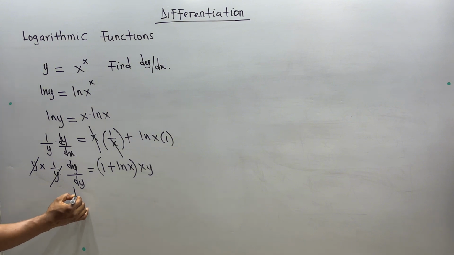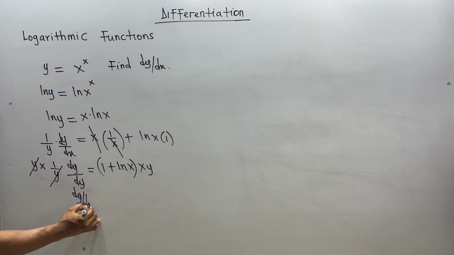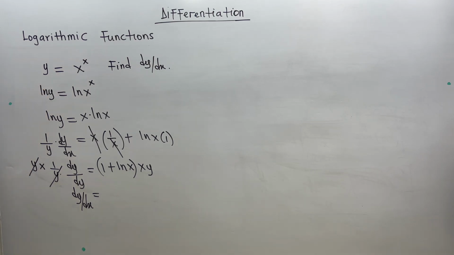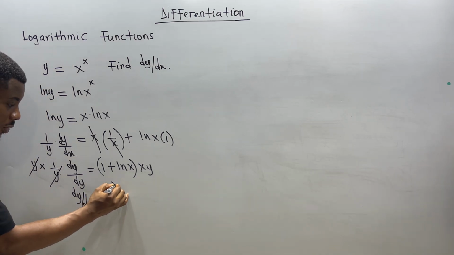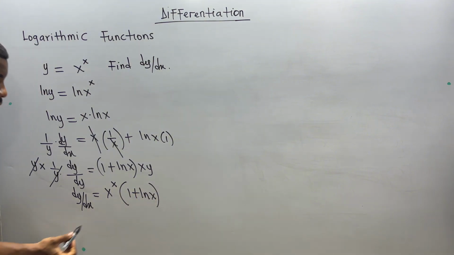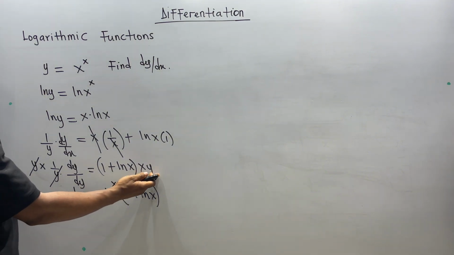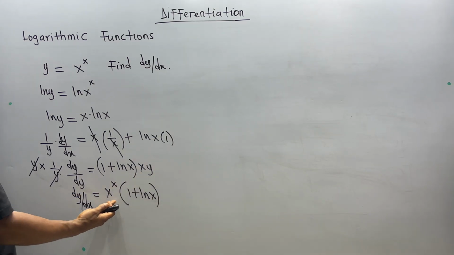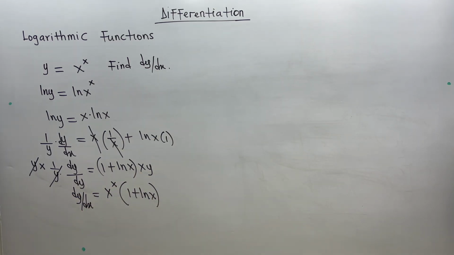So we have that dy over dx is equal to, what is y from the original equation? x to the power of x. So it becomes x to the power of x into 1 plus ln x. Remember this is our y. So I can place y here or place x to the power of x here or here, it still gives me the same answer.